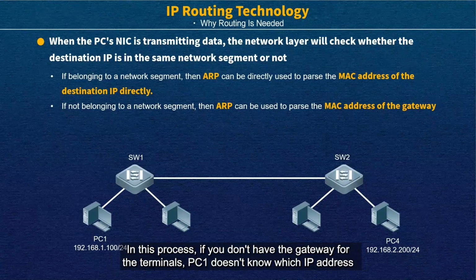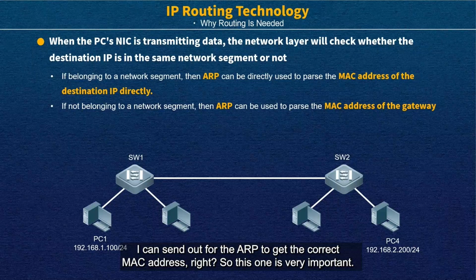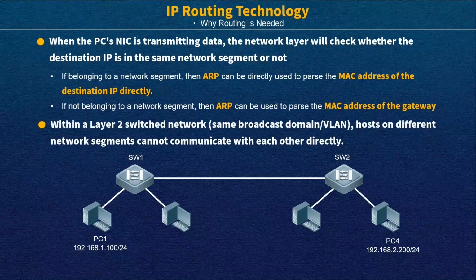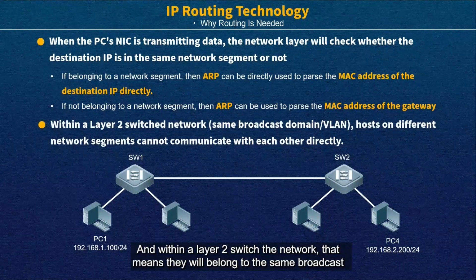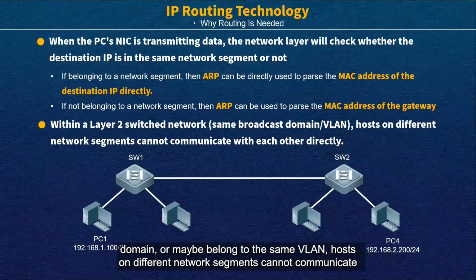In this process, if you don't have a gateway configured on the terminal, PC1 doesn't know which IP address to send the ARP to in order to get the correct MAC address, right? So this one is very important. Within a layer 2 switched network, that means they belong to the same broadcast domain or the same VLAN.